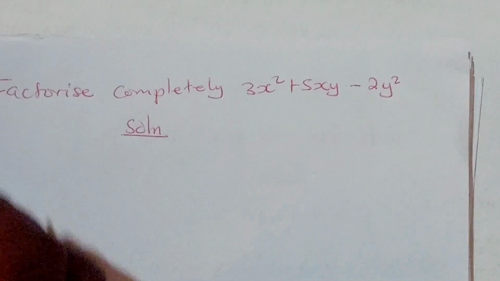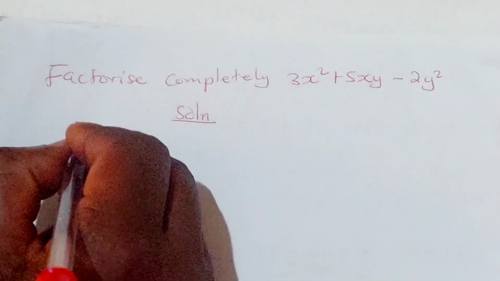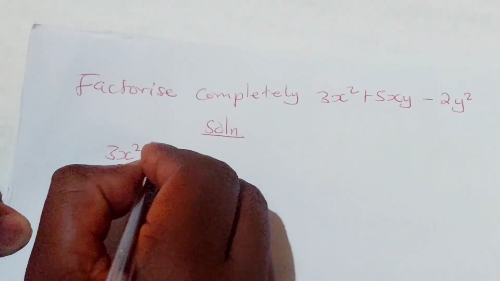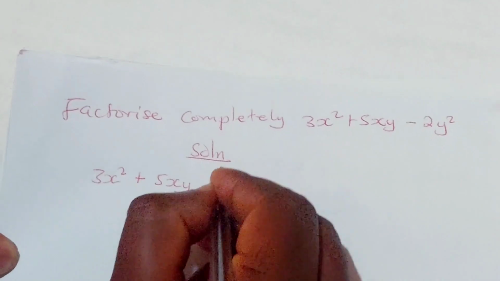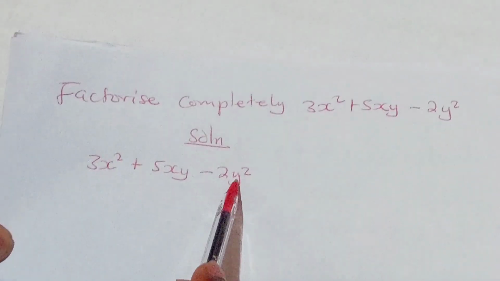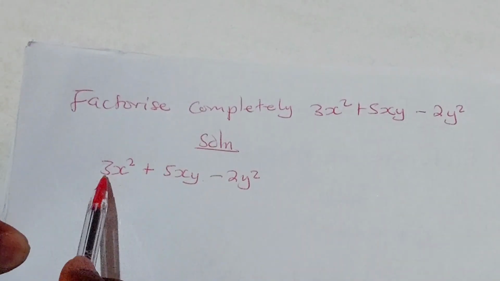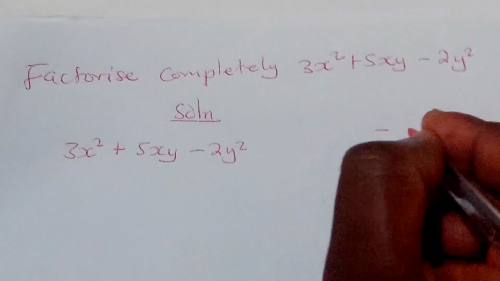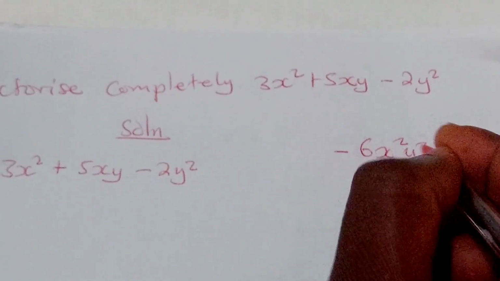So here we go. 3x squared plus 5xy minus 2y squared. If we multiply negative 2y squared by 3x squared, we are going to get negative 6x squared y squared.